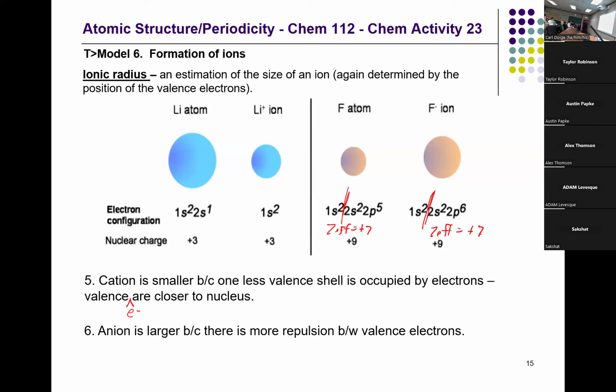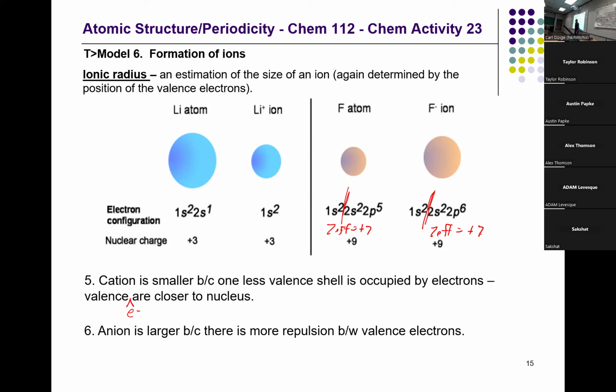Okay, so really I think the better argument is that what's changed in going from here to here is there's more repulsion. The argument in going from here to here usually focuses on the fact that there's one less energy level occupied, and therefore these electrons are naturally closer to the nucleus.